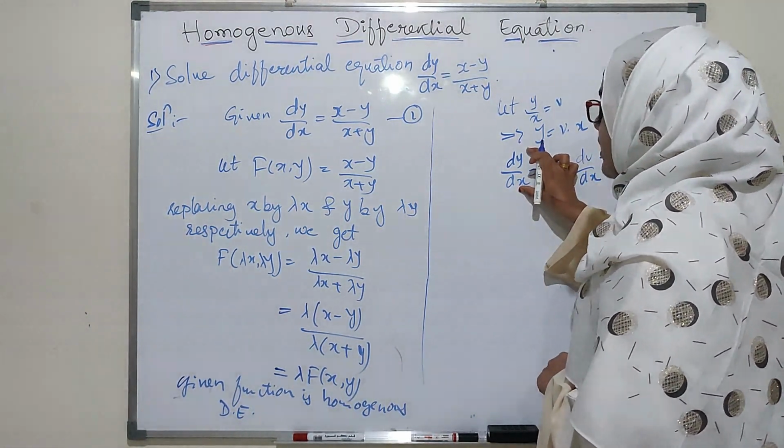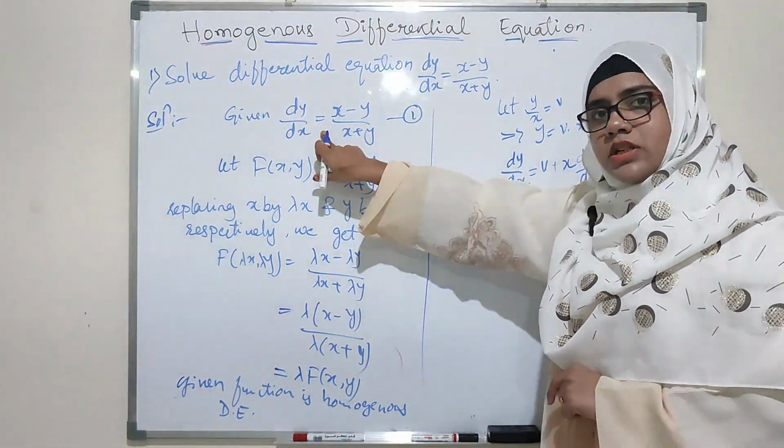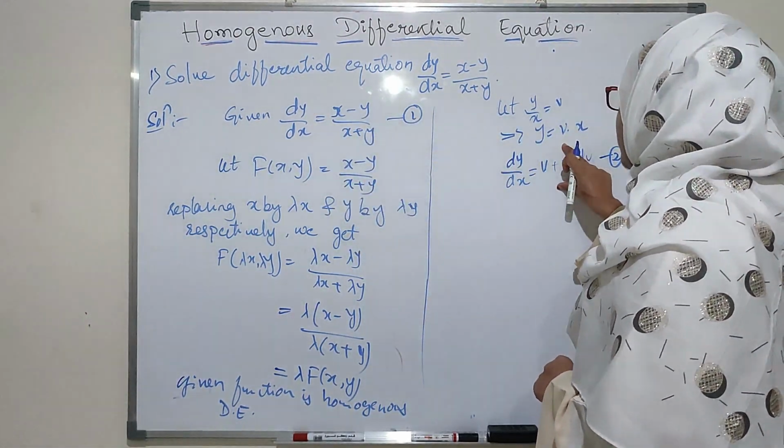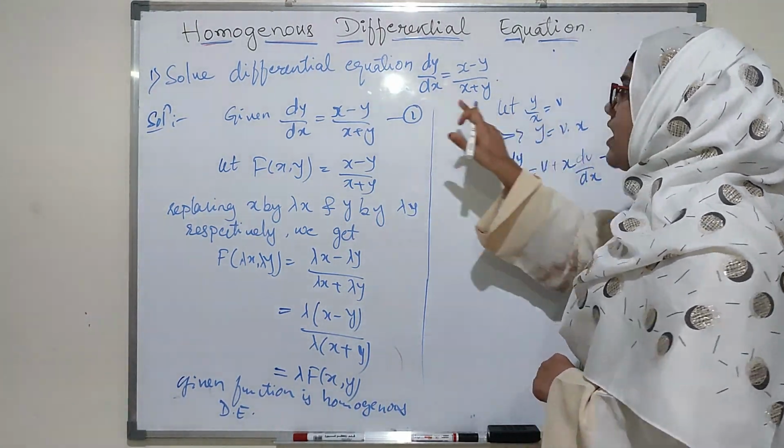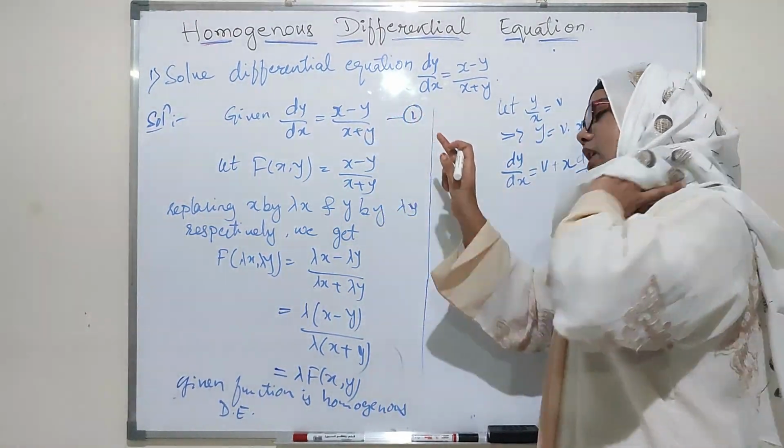We have to substitute the dy by dx value in the given function. We got dy by dx as v plus x dv by dx, and whenever we have y, we have to replace that y by v into x.